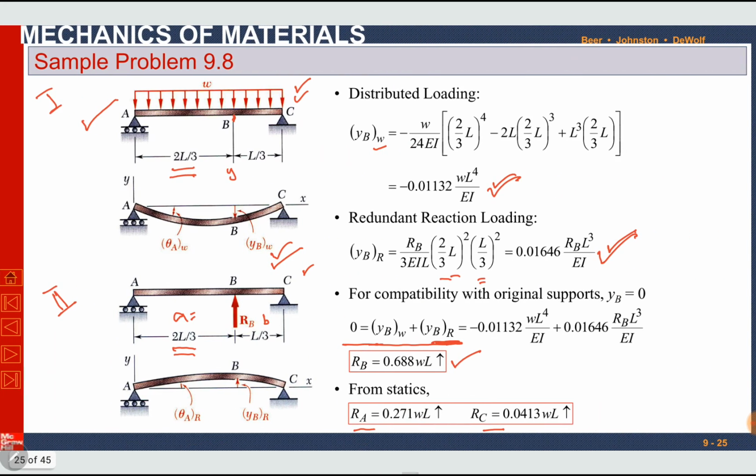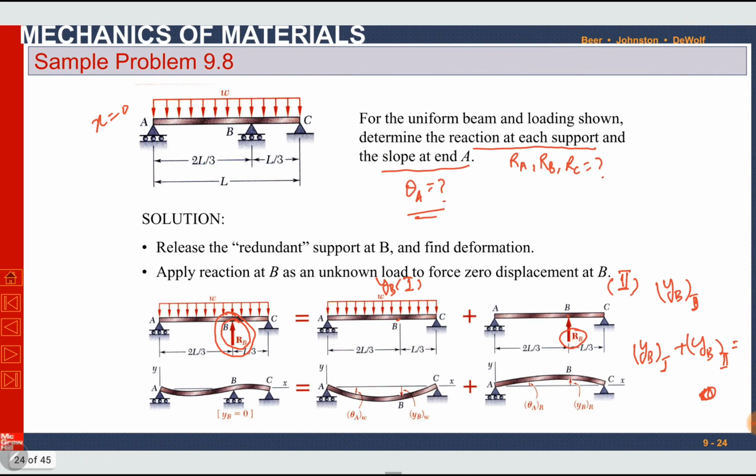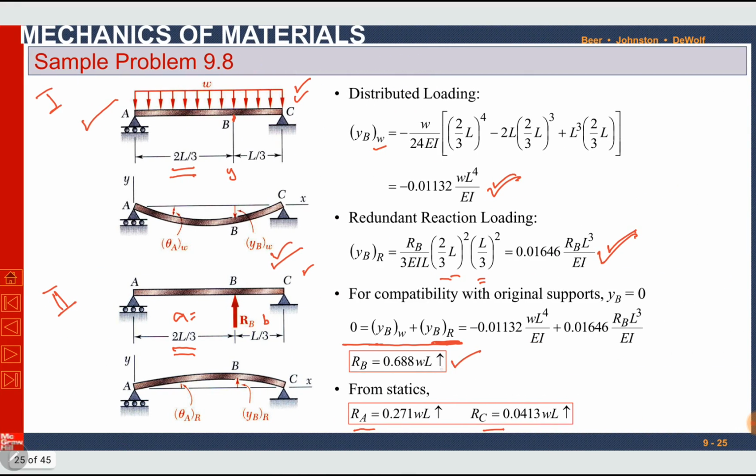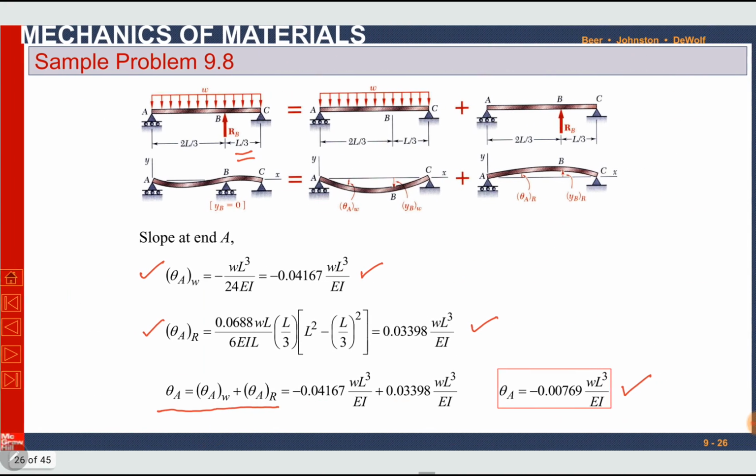Both the deflections YBW and YBR were added. Their sum must be 0 because at point B there is no deformation. And then we have calculated RB from this expression using statics laws of equilibrium. We have calculated RA and RC as well. Similarly, theta AW and theta AR were calculated from the table, and their sum is equal to theta A total, which is calculated.